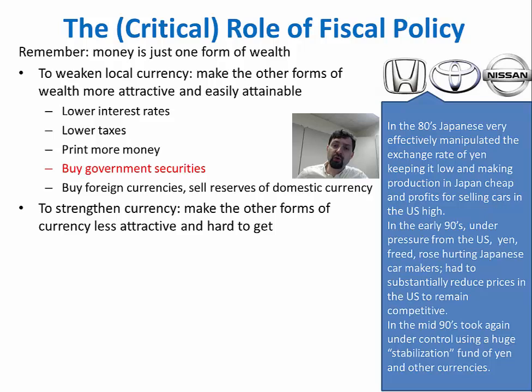You can lower interest rates. So private banks choose what interest rates they charge for money, but the central bank sets what we call the prime interest rate, and that's the rate at which the banks can borrow from the government or from the central bank. And usually that rate has a tremendous effect on all rates in the country. So if the banks can borrow currency cheaply from the central bank, they usually can lend it cheaply and vice versa.